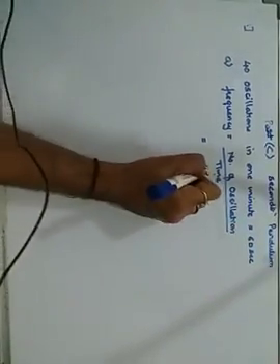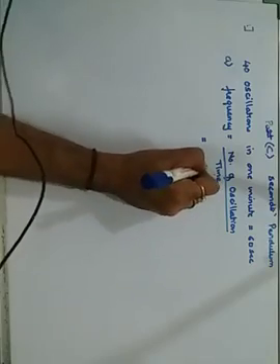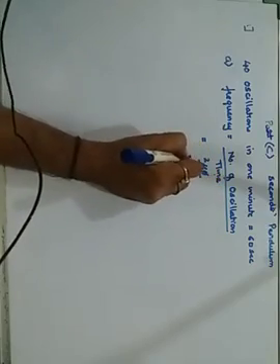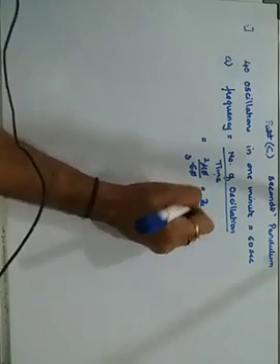So we divide 40 by 60. The zeros cancel, and it becomes 2 upon 3.